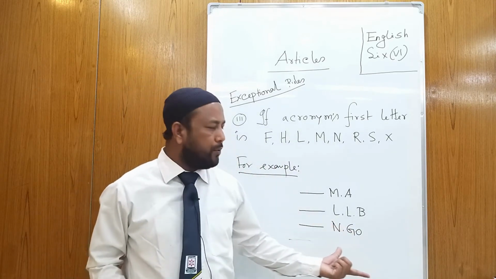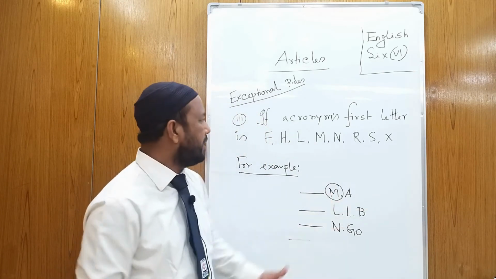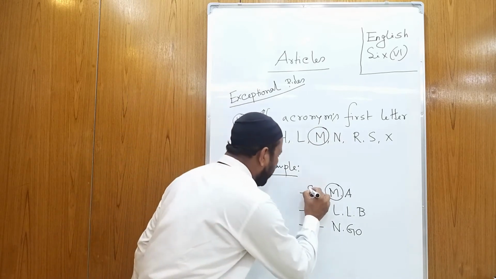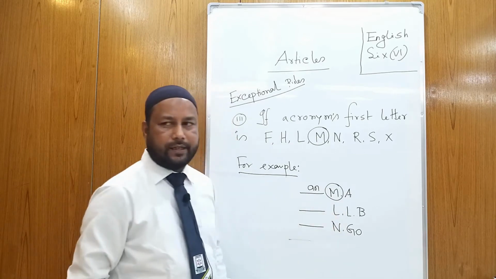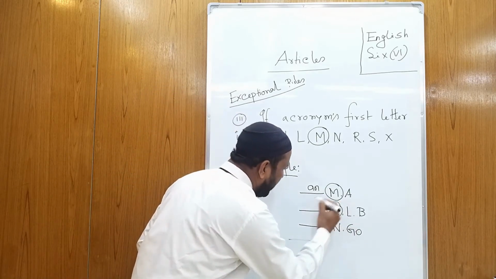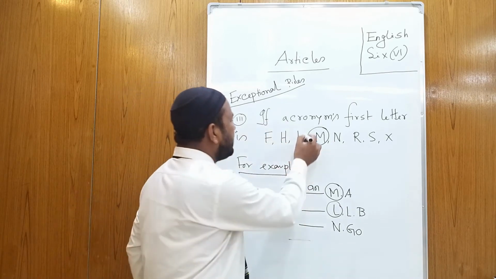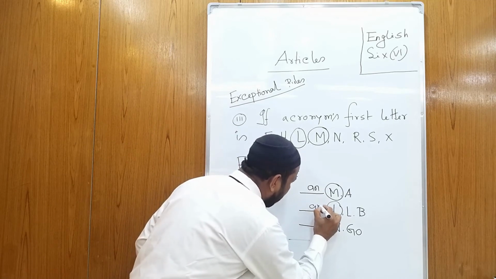In this example, you can see the first letter of MA is M, pronounced "em". That's why you have to use "an". Similarly, LLB. Here the first letter is L, pronounced "el". That's why you have to use "an".